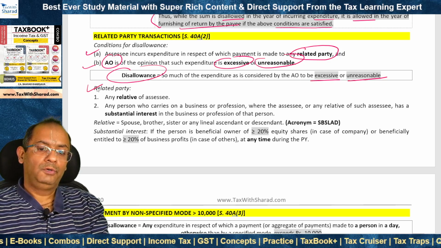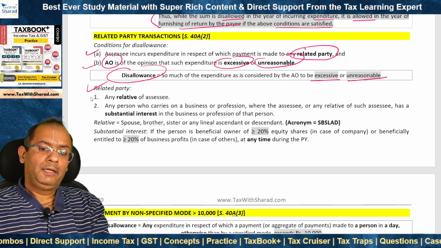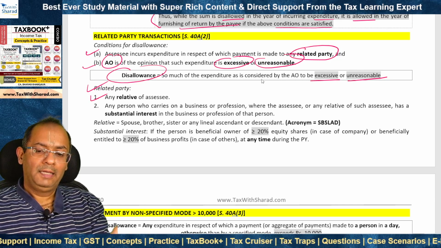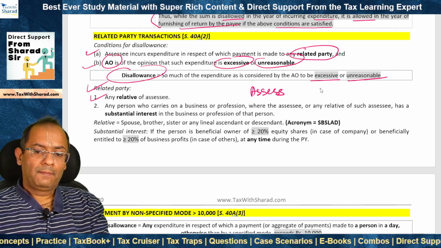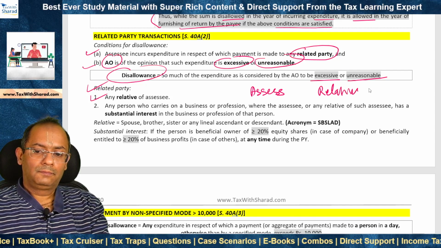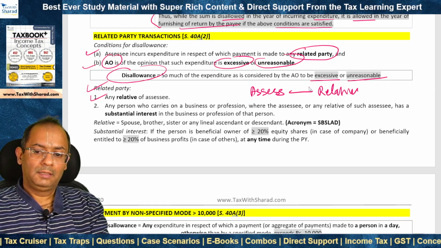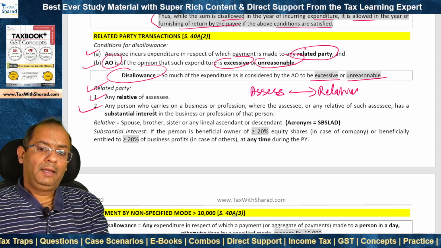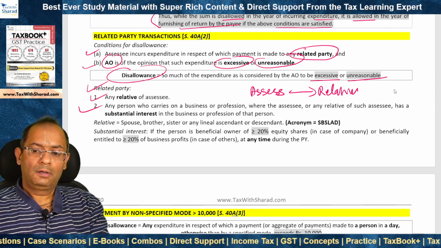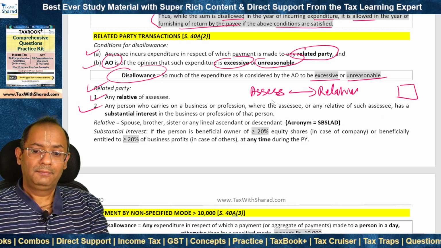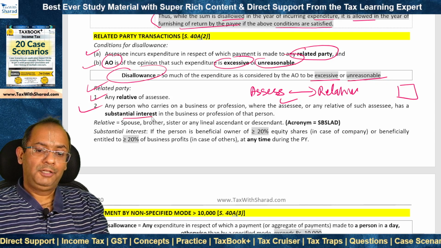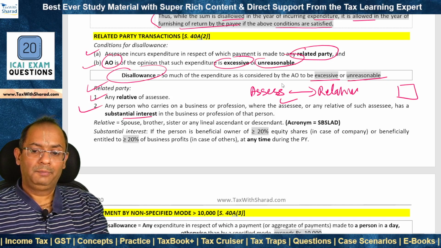Now the question is, who is a related party? So a related party is any relative of the assessee. The relative is the related party. Second, any person who carries on a business or profession, where the assessee has a substantial interest in the business or profession of that person.